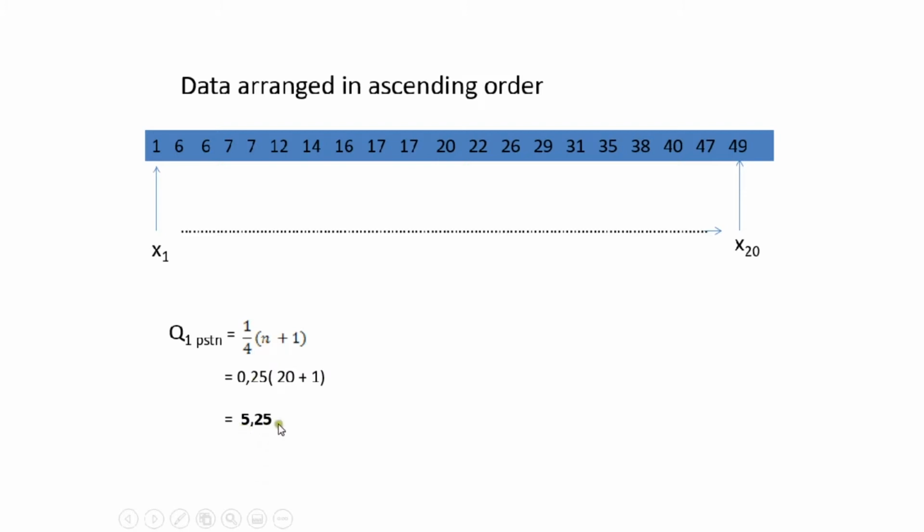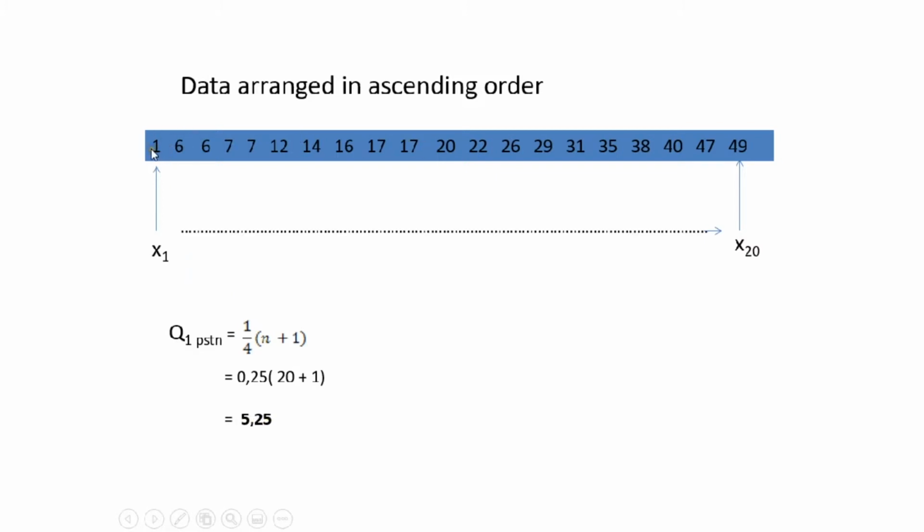Now, this 5.25 does not represent the lower quartile. It represents the position of the lower quartile. In other words, the lower quartile is at the 5.25th position in the arranged data.